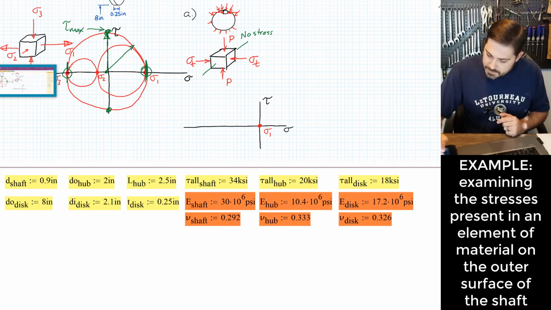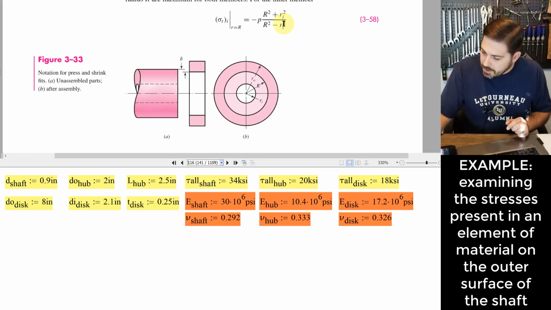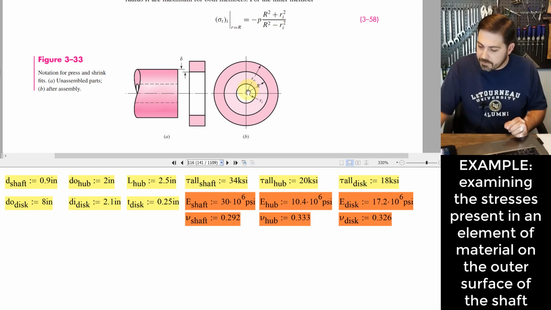Okay, so we'll go back into this material here, and you'll notice here that Ri, I mentioned this earlier, Ri is 0 because we have no hollow nature of our shaft. And so Ri is going to be 0 in each of these.